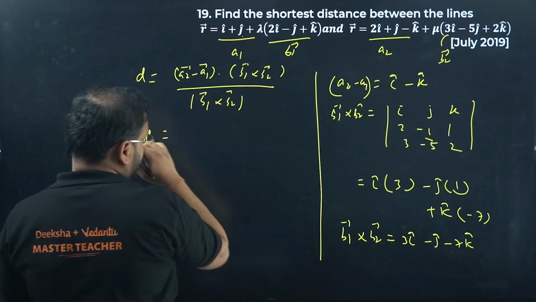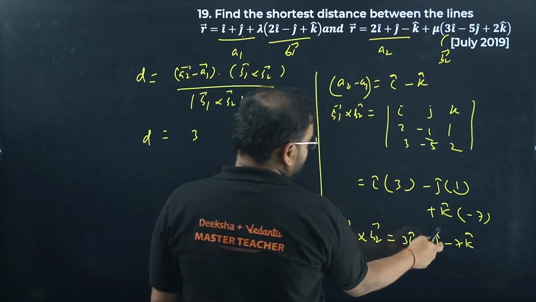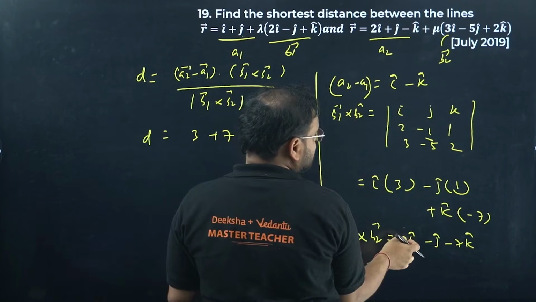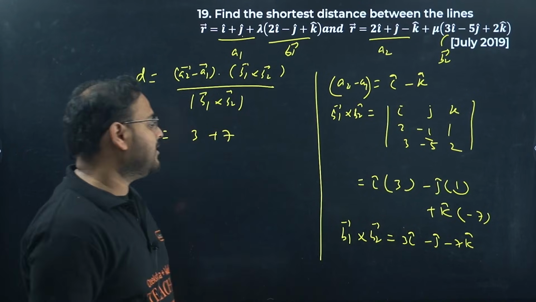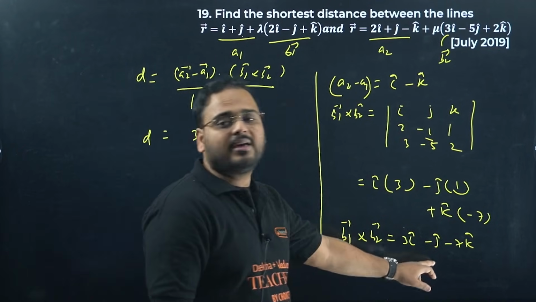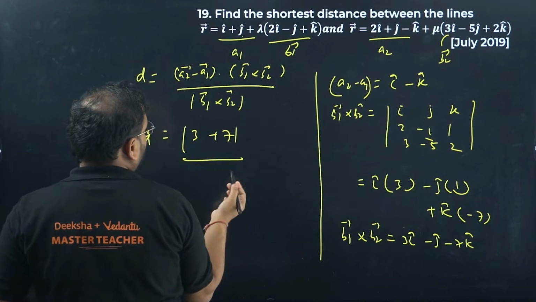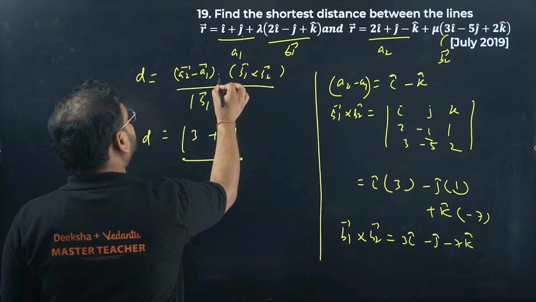The dot will give me i and i, so simply 3, and minus k into minus 7 k, so plus 7. Since there is no j, this will be 0. 3 plus 7, we take the modulus because we want a positive value. The dot is a scalar quantity.